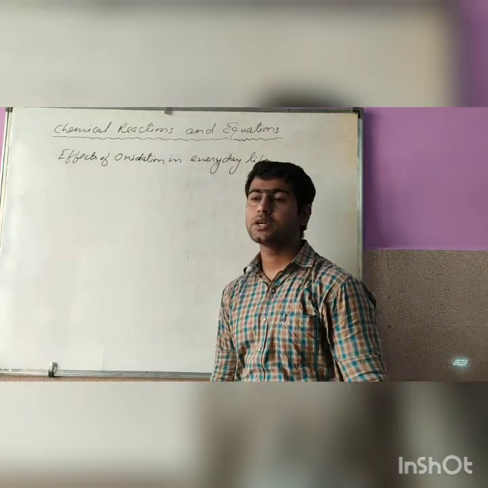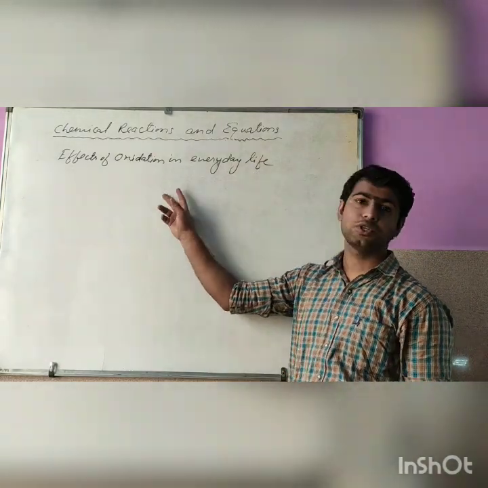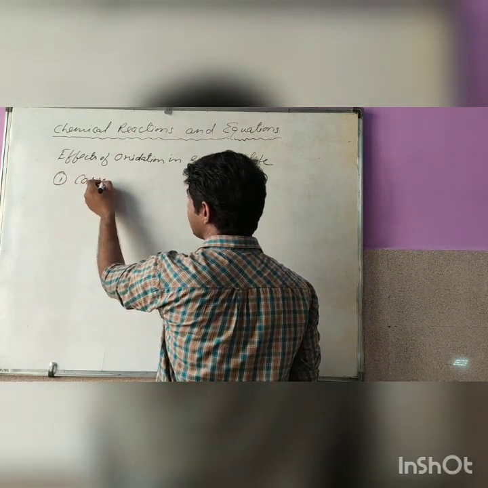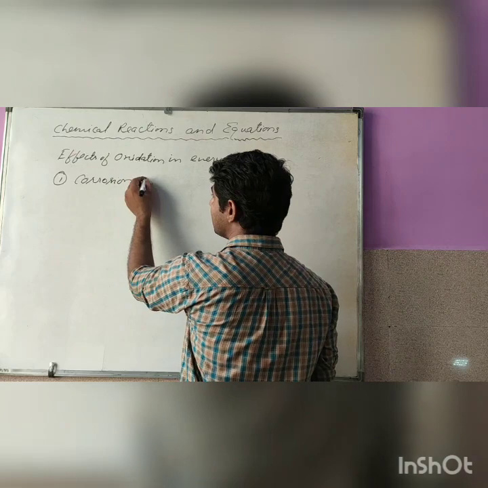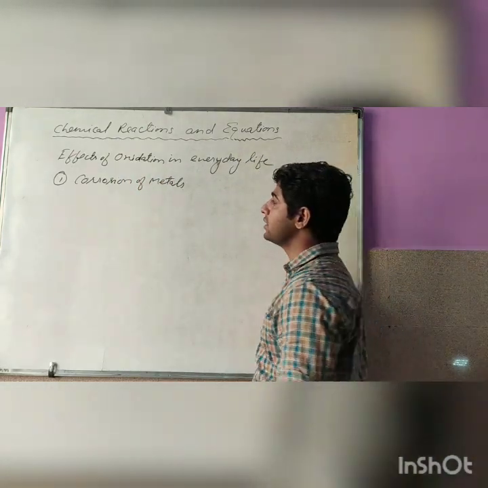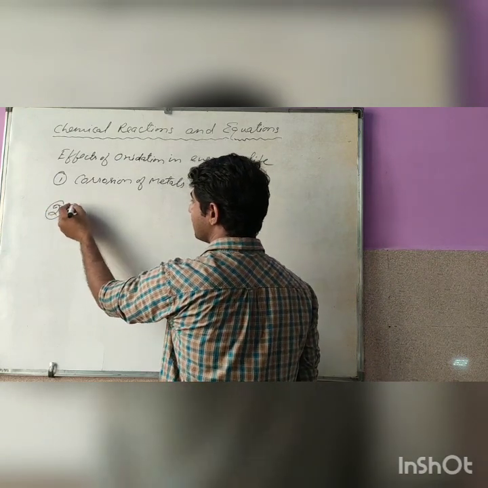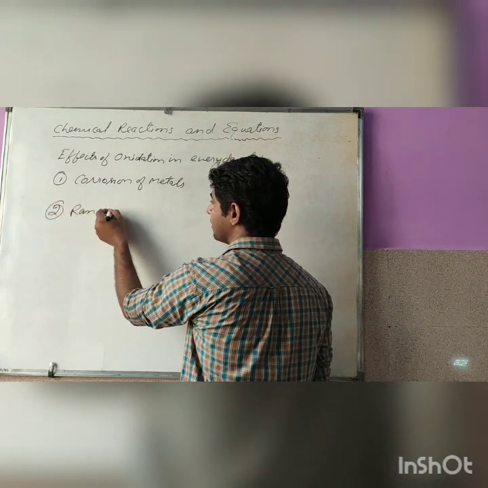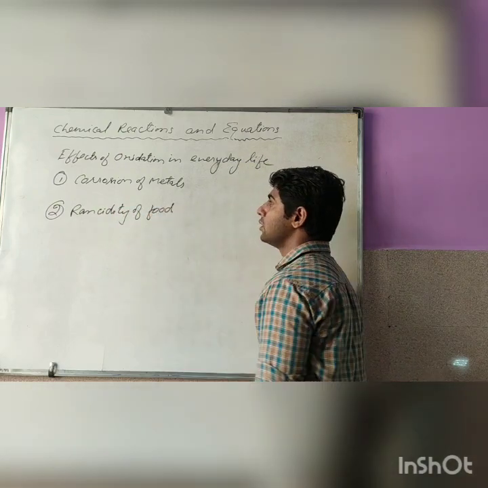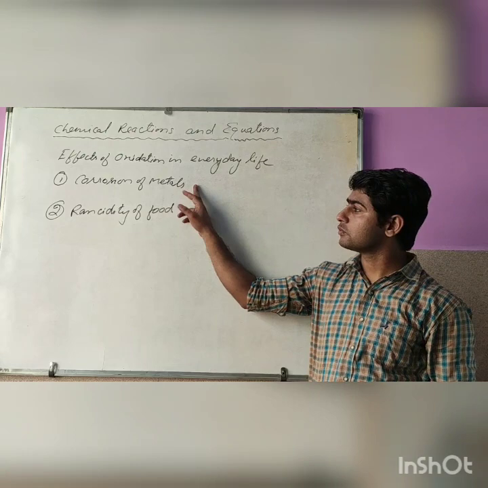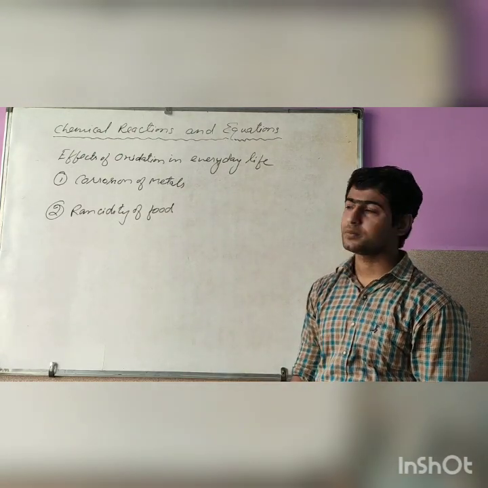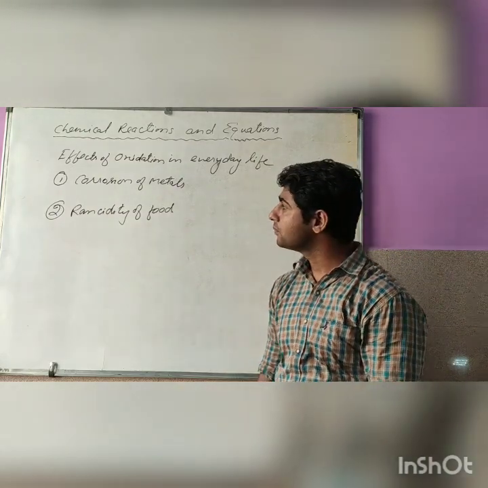So we will discuss here two important effects of oxidation. First one is corrosion of metals, and second is rancidity of food. Let's discuss each and every one.